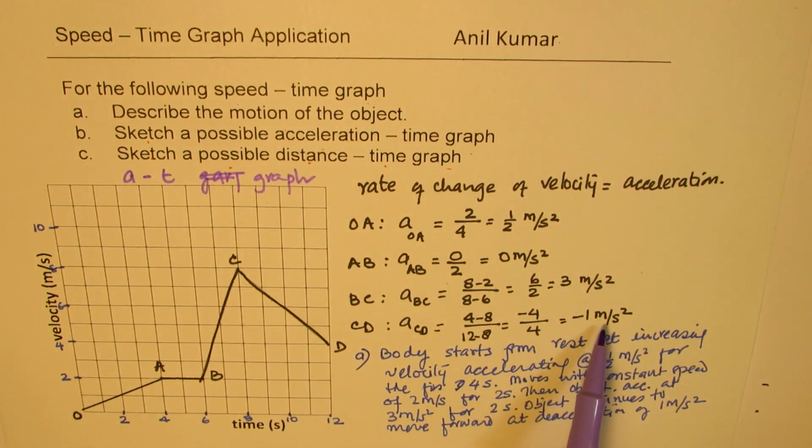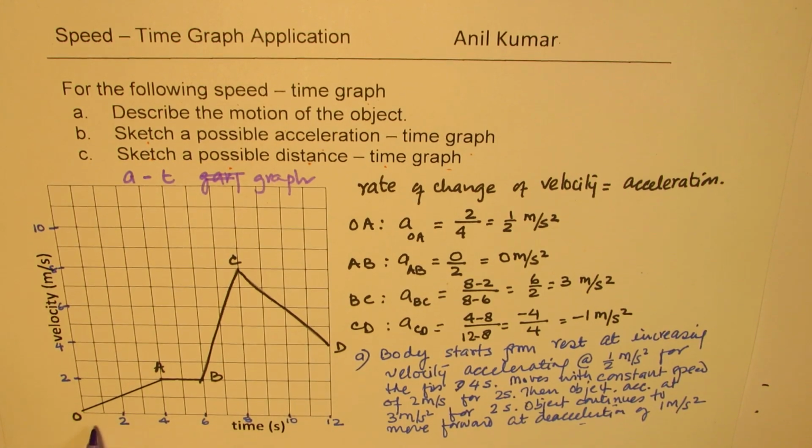So the units for acceleration is meters per second square, and we have negative also. So we'll have a scale, since we are going down here. What I will do here is make a new scale.